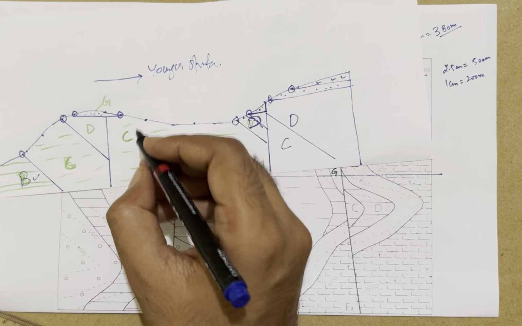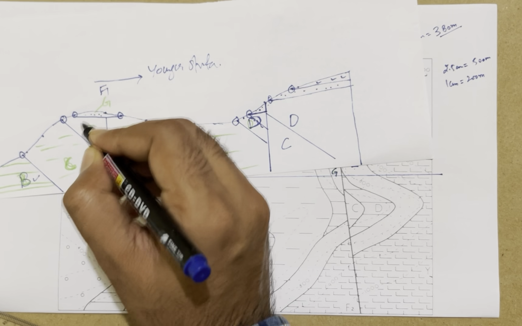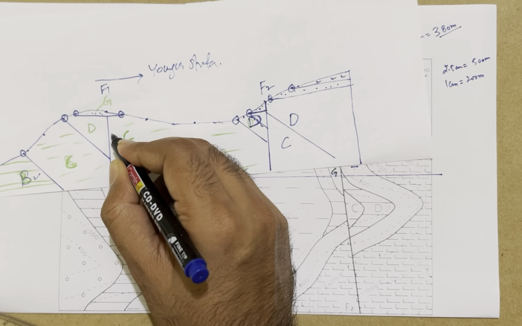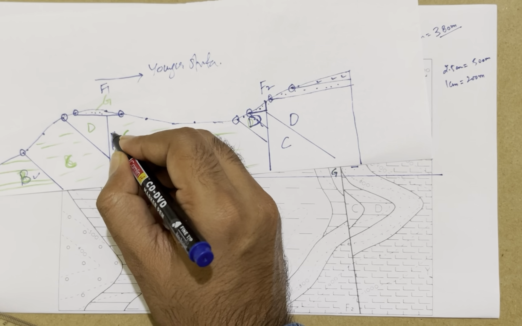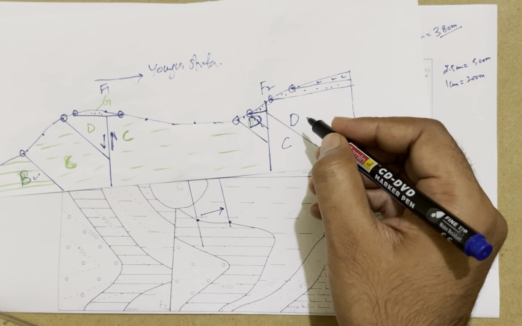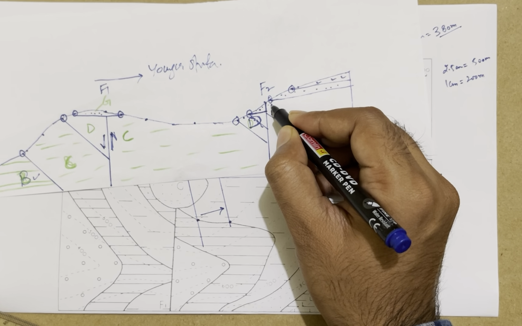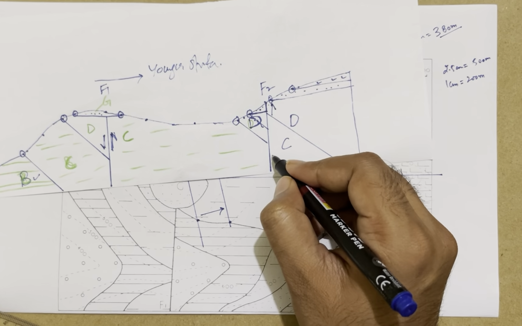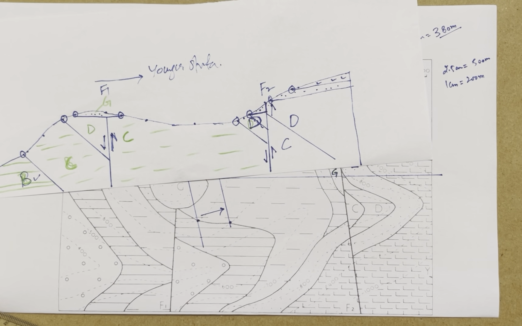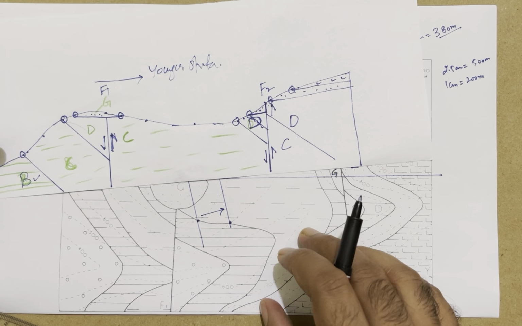This is our F1, this is our F2, and this block is going up. This block is going up, this block is going down, and here the same case, this block is going up, this block is going up, and this block is going down.